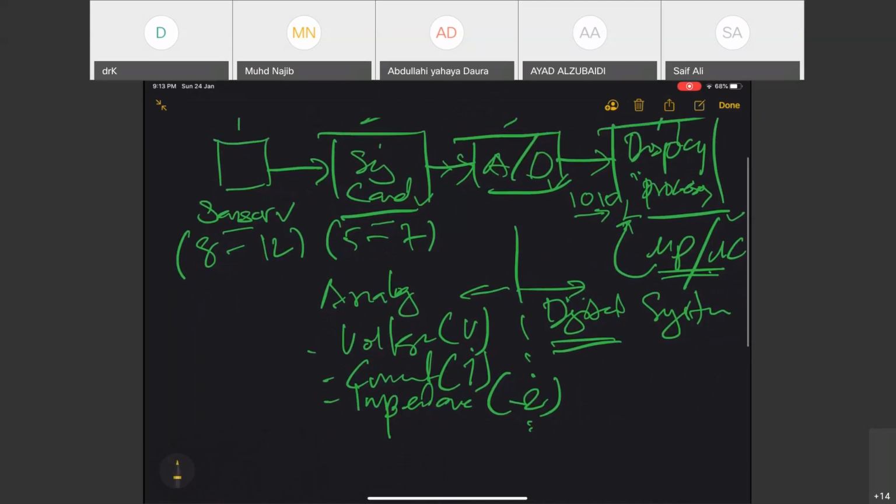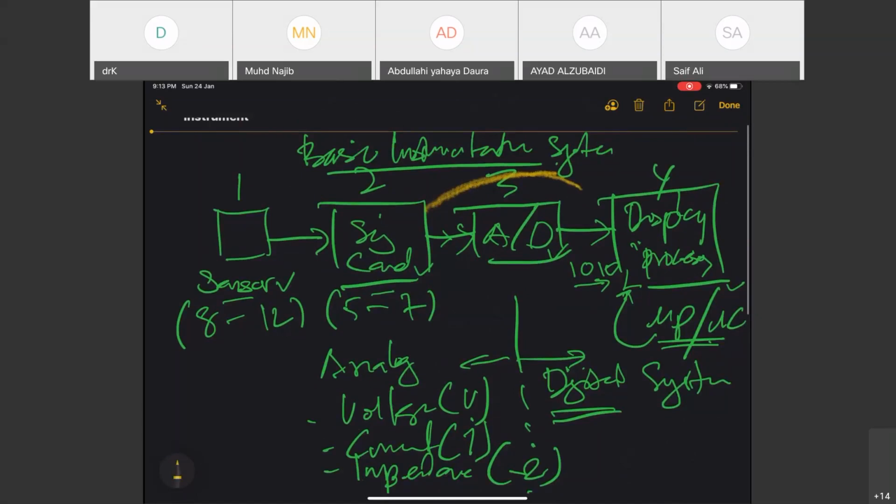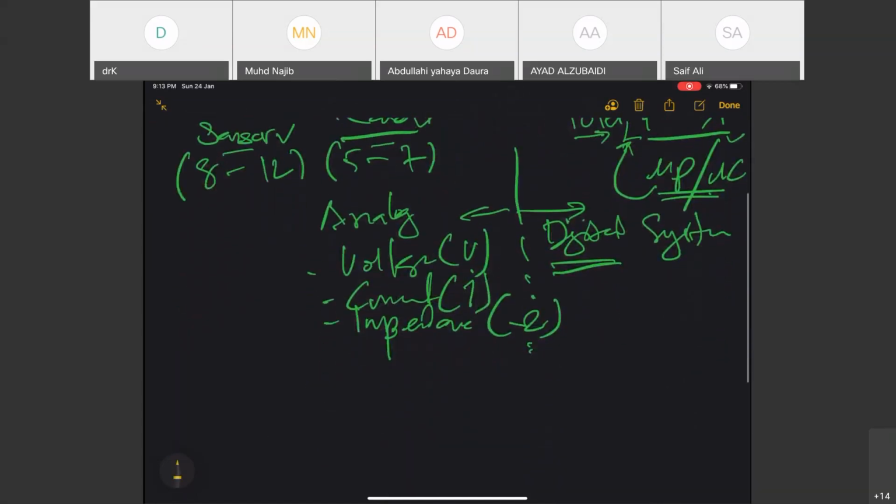So what we are looking at tonight is how the information from the analog world is moving towards the digital world. This is the chapter we are going to see through data acquisition and interfacing systems. Basically, data is transferred from the analog world of voltage, current, and impedance to the digital world of 0, 1, 0, 1, 0, 1, and this is also what is meant by data interfacing.